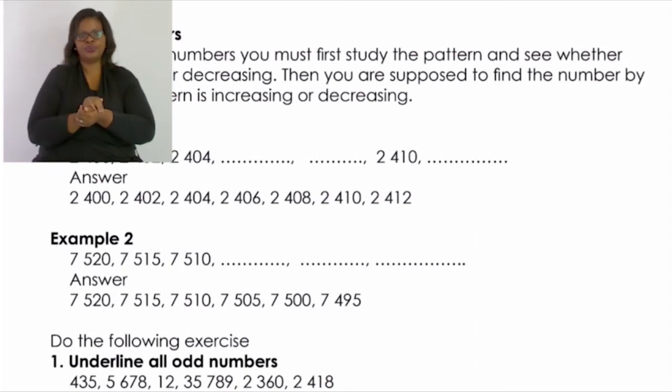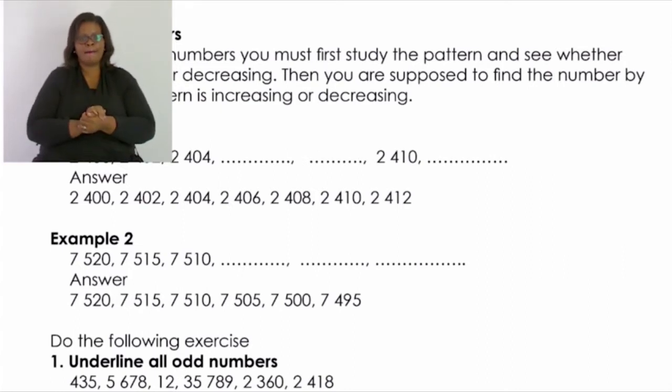So our third number now becomes 2,406. Then from that 2,406, we also add another 2 again. Then we go to 2,408. The next one is given already, which is 2,410. Then the last one also add a 2. Then it becomes 2,412.